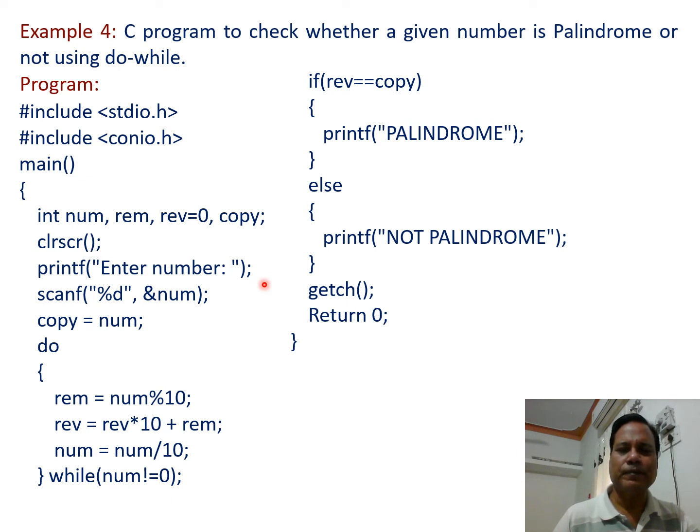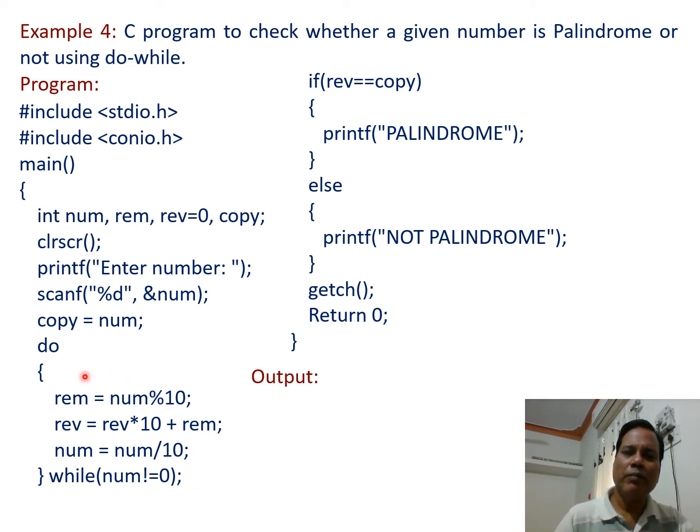So in this program, we again declare the variables and initialize rev as 0, because the initial value of the reverse number is to be set as 0. Then we have the variable copy. What number is entered by the user is stored in the variable num, and that number is also assigned to the copy variable.